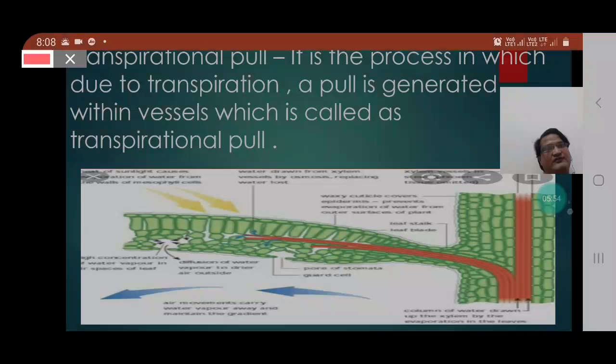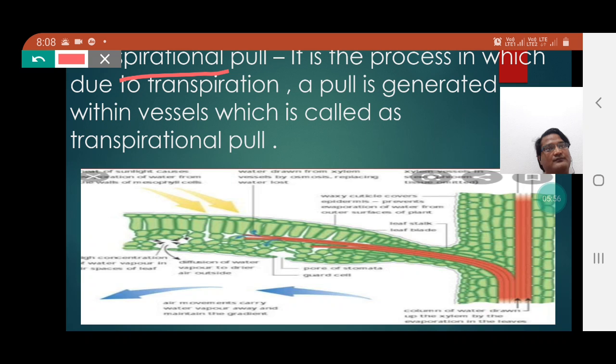So, students, actually transpirational pull is the pull which is generated due to the process of transpiration taking place in the leaf, and this transpirational pull actually is located in the vessels.